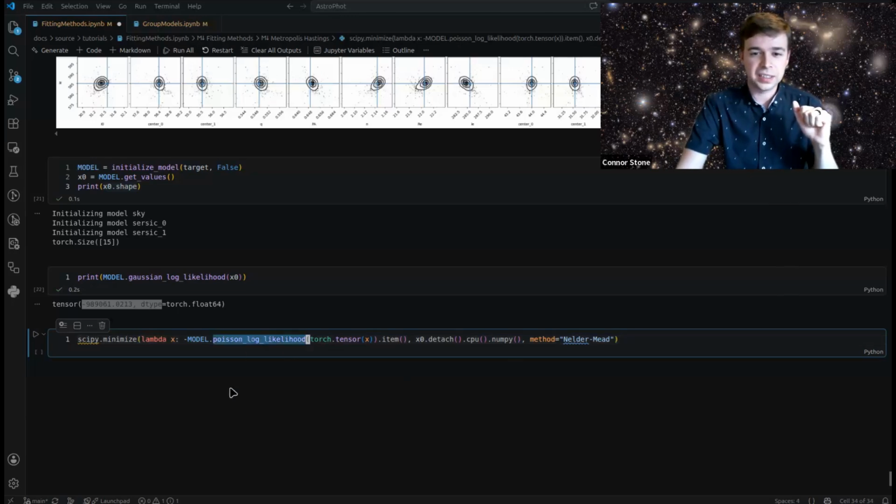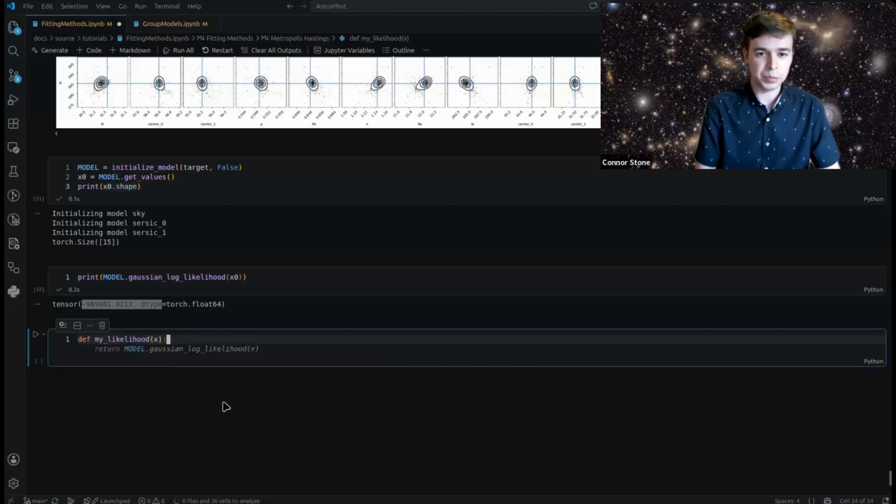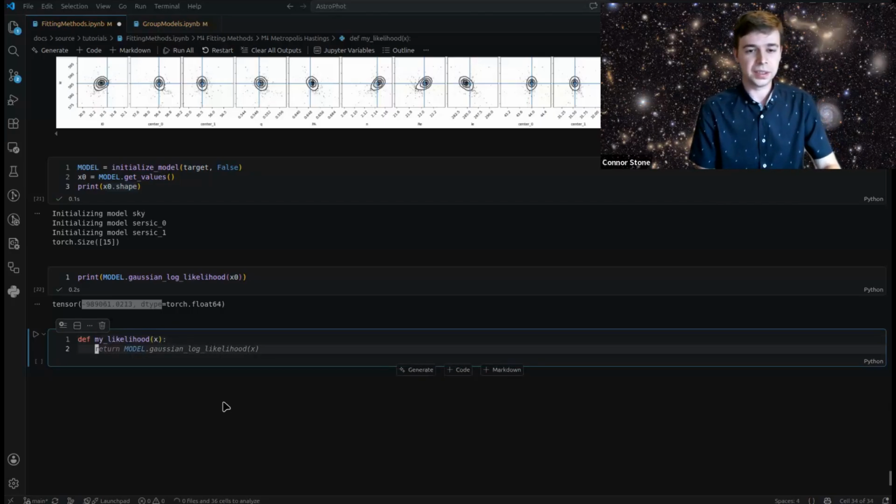Well, it turns out that the likelihood functions in AstroPhot are actually pretty abstracted and quite simple already. So if you wanted to make your own, let's just clear this out. So let's define my_likelihood, and it's going to be a function of x because that's all we need. Let's first just recreate the basic Gaussian log likelihood.